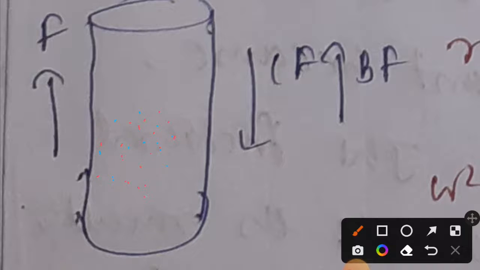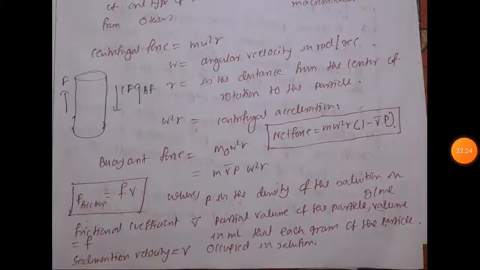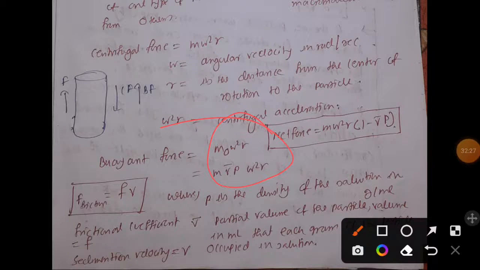These red dots are the samples, and these samples are occupying a particular part of the solvent, isn't it? The mass that is displaced or occupied by the particles is known as m0. That is the reason why buoyant force is working on the particle, and its formula is m0 omega square r.